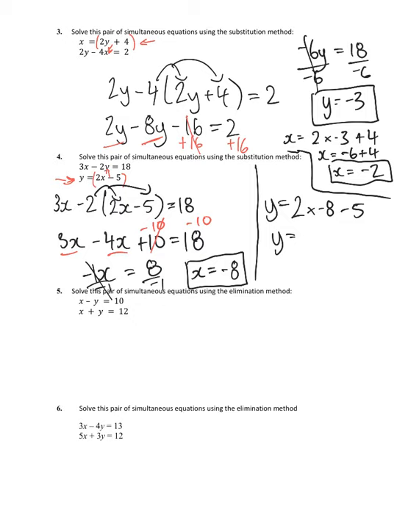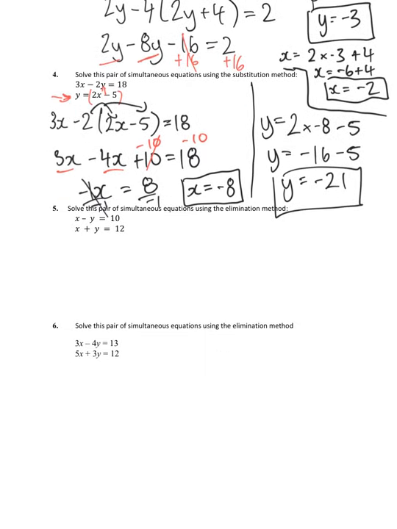Okay, so y equals 2 times negative 8 is negative 16, minus the 5. Okay, so y equals negative 16, take 5, gets you to negative 21. Cool, and there's your answers for that one.